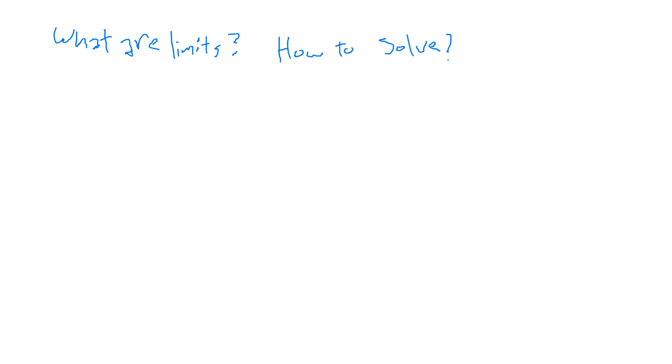So a limit is essentially what happens whenever we approach some x value called A, and that shows us some y value called L. L essentially helps us show exactly what the behavior of the function is at and near A.